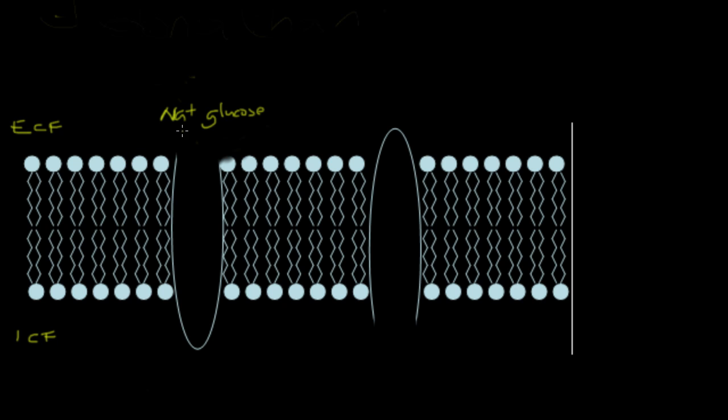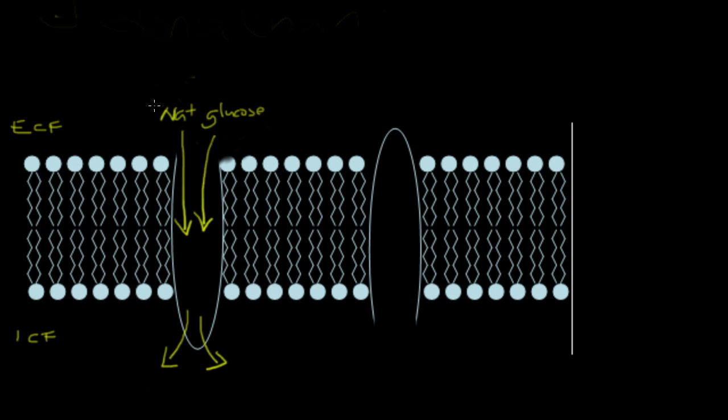So what happens is that both these enter the protein, or the co-transporter, should I say, and this loads substance on one side of the membrane, which then undergoes this conformational change. So it's going to change shape like this one here, and then that's going to release the sodium and the glucose into the inside of the cell, and it requires both substances to be there, both solutes need to be there.